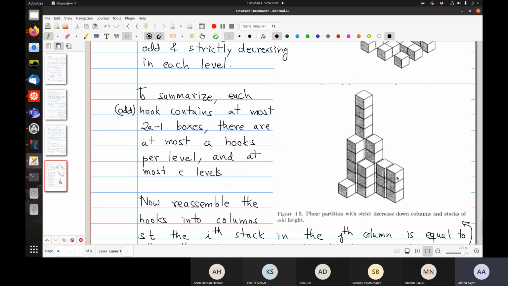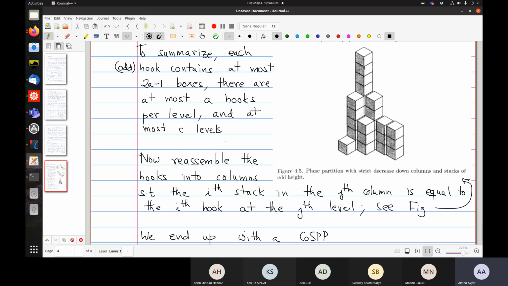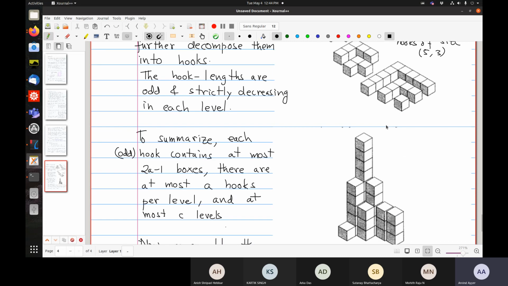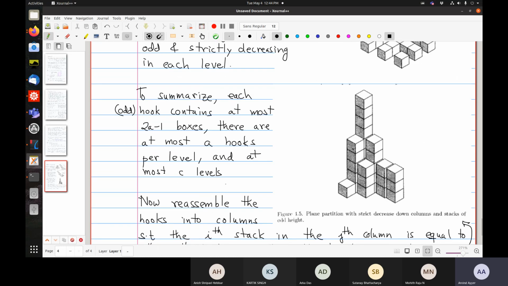Okay, so we end up with a co-SPP, right? There is only a weak restriction along rows, as you see in this example, because two levels can be the same. But there is strict decrease along columns.